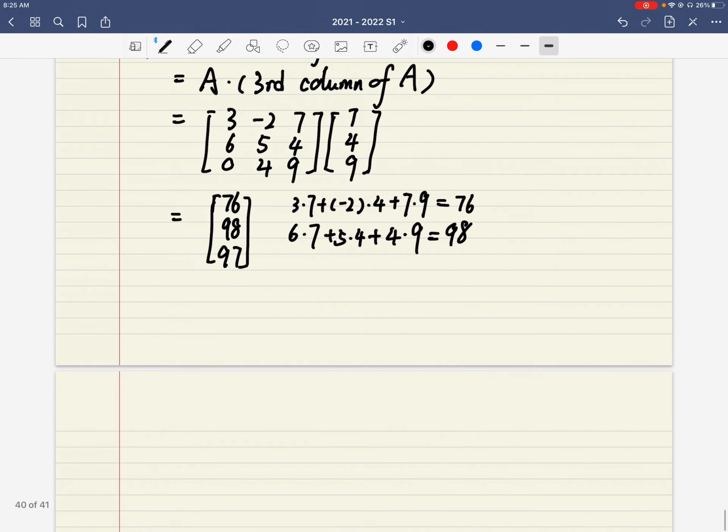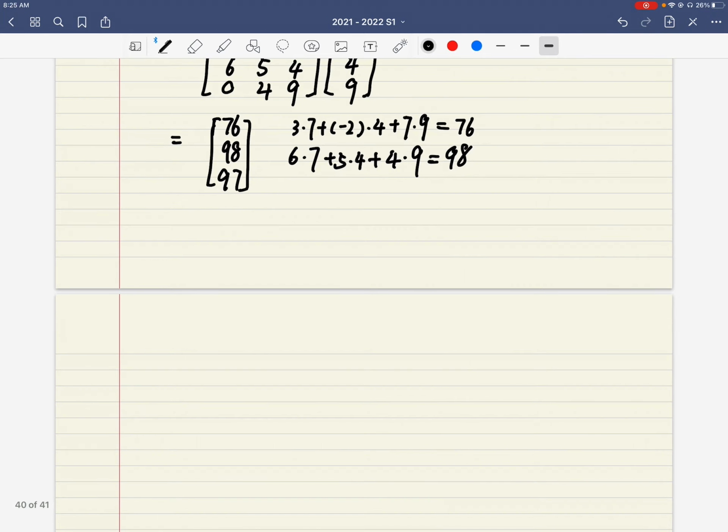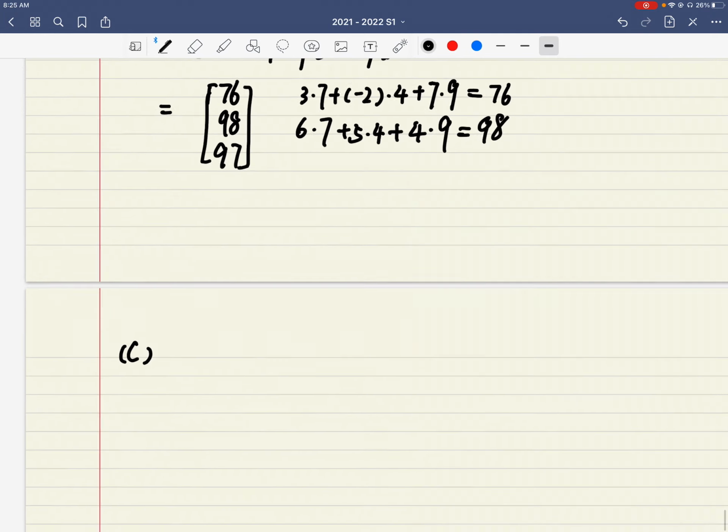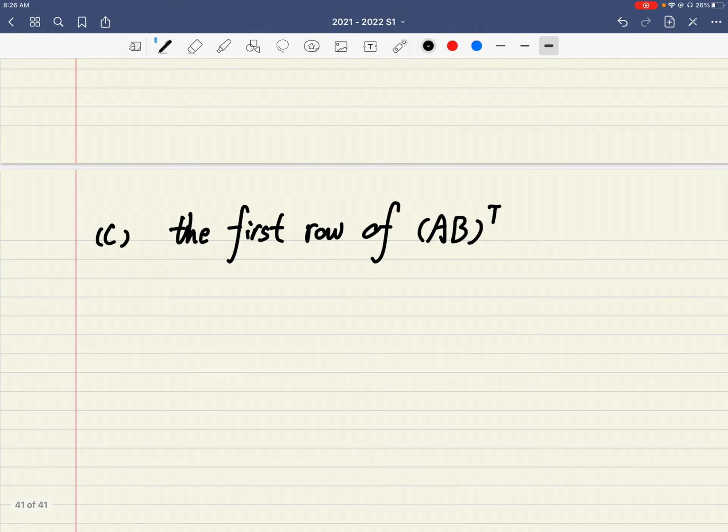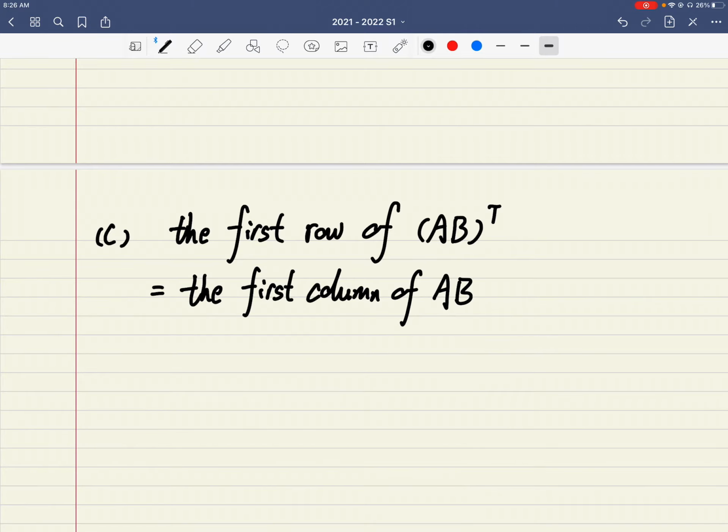And part C, it's a bit tricky. So the first row of AB transpose. Right. By definition of transpose, the first row of AB transpose is equal to the first column of AB. Right? Because if you transpose it, the ith row becomes the ith column.